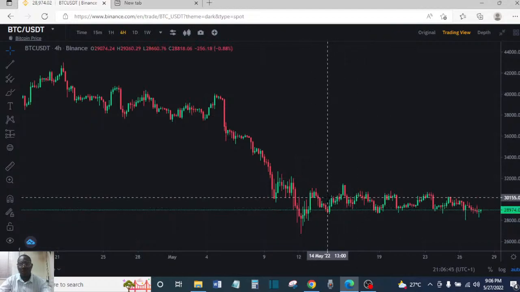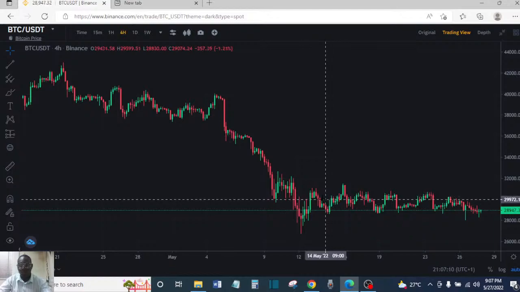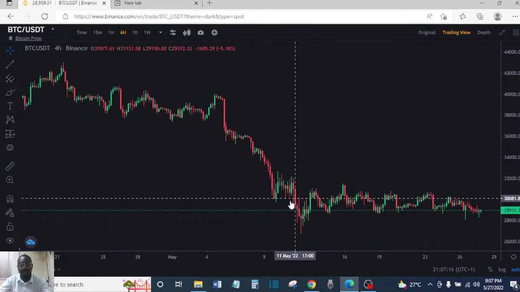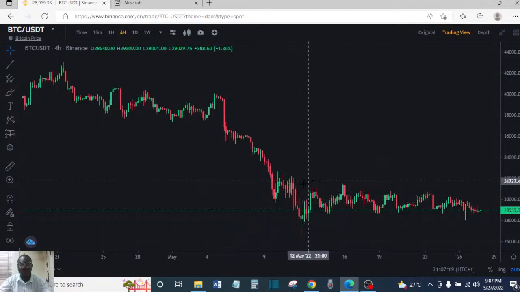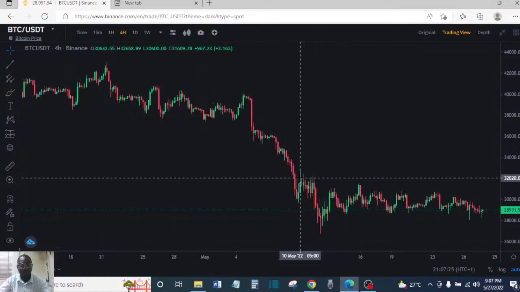At the same time, you can also use this strategy to trade Forex: Euro USD, GBP USD, GBP JPY, Japanese yen, US dollar Japanese yen, USD Canadian dollar, and so on and so forth. This strategy works perfectly with all of them, and this strategy is very simple. It is one of the simplest strategies that you can ever come across.